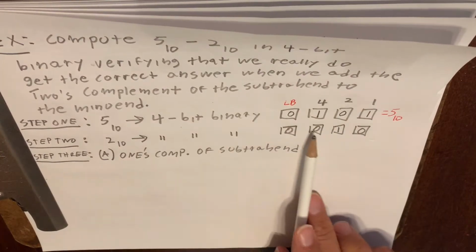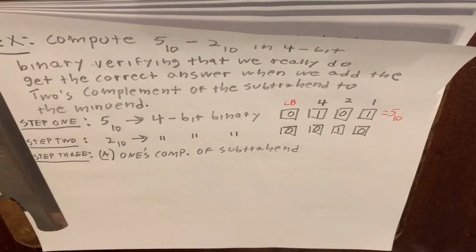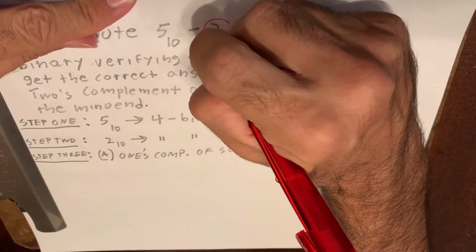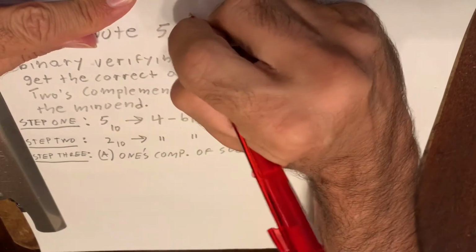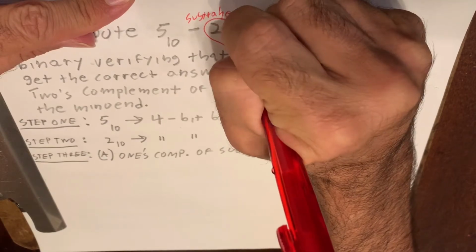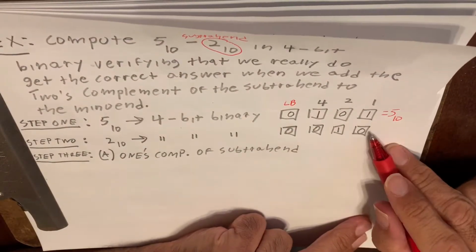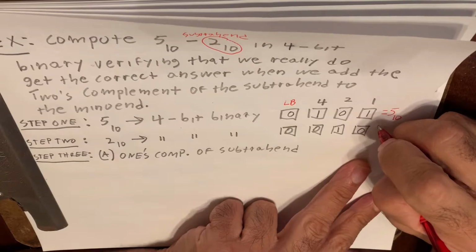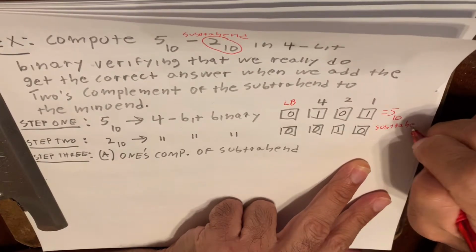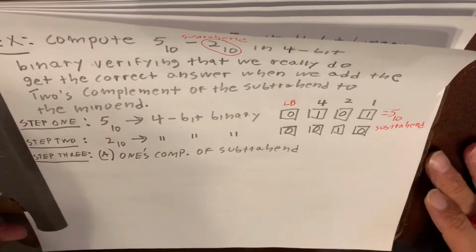So what we need is the 1's complement, and the subtrahend here is this. This is the subtrahend, the 2 base 10. And so here, this is the subtrahend in binary. Let me make sure it's in the frame.